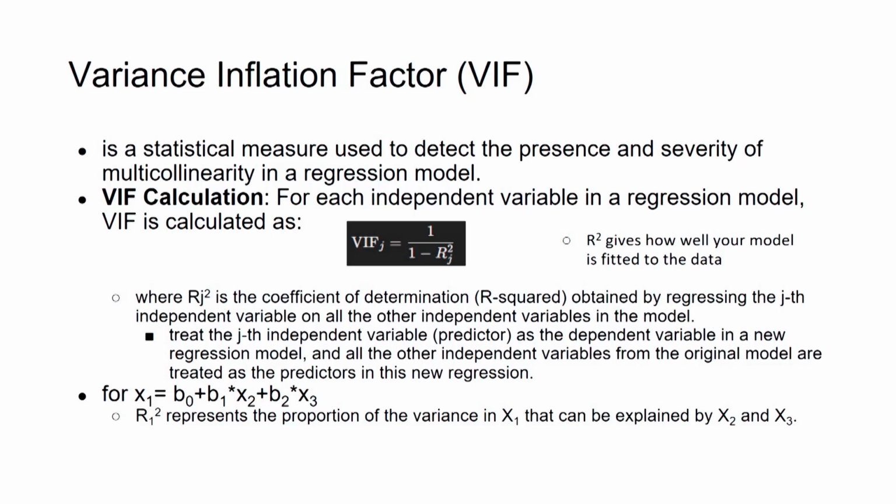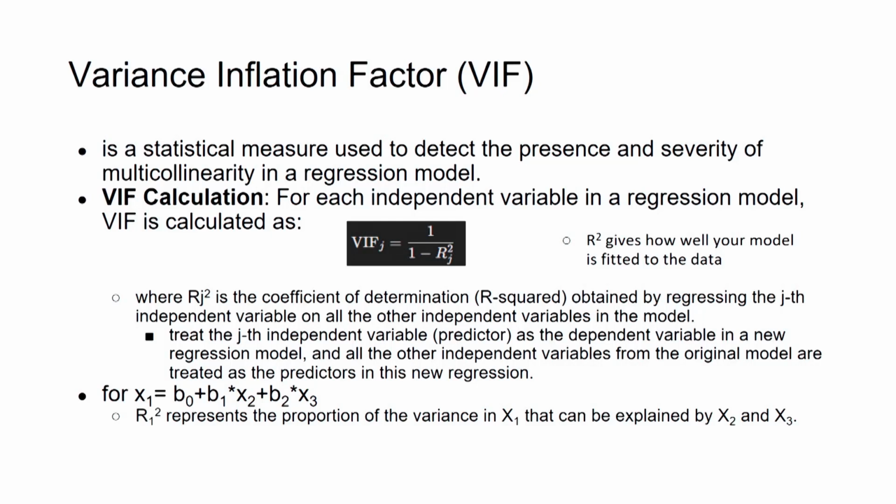Because when Rj square for all j is 0, it means, for example, if R1 square is 0, there is no relationship between x1 and x2, x3. So x1 is not depending on x2 and x3, and that is why R1 square is 0.